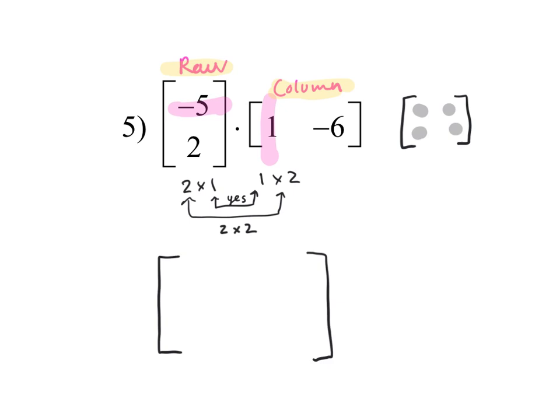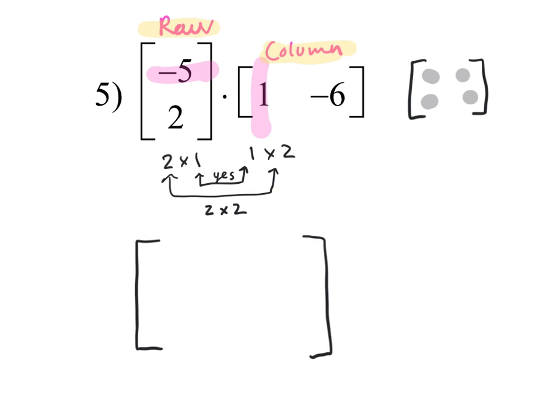So what gets multiplied first? -5 and 1. We only have one number here, so we're not adding anything to it. So we can just move on to the next. Next we have our first row, second column, which goes in our first row, second column here. So what gets multiplied next? -5 times -6.